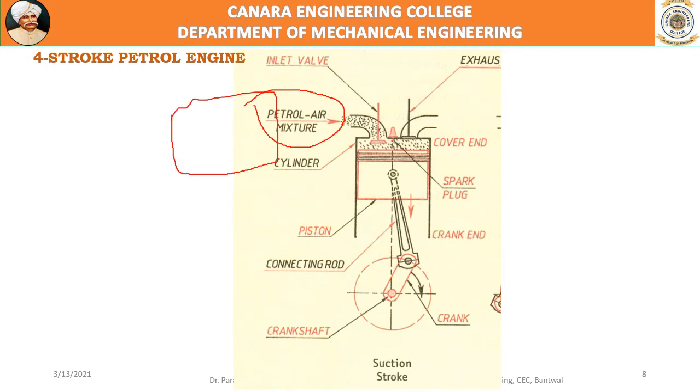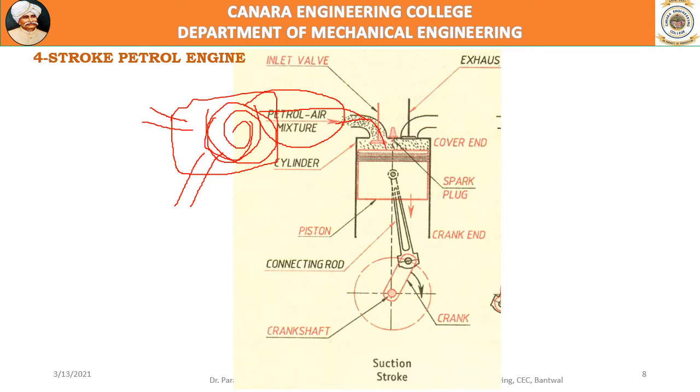The function of the carburetor is to take fuel from the fuel tank and air from the atmosphere, and mix them. A uniform, homogeneous mixture of air and fuel is prepared, and then it is supplied through the inlet manifold to the cylinder during the suction stroke.